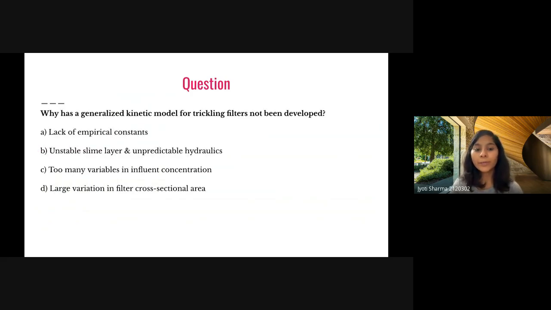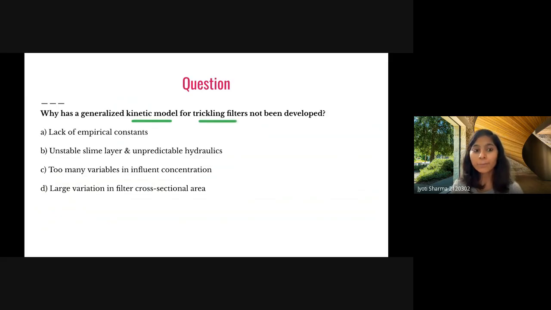Okay, so we had Monod kinetics in the activated sludge process, right? In which we tried to explain how much substrate will be utilized, how much organism will be present, what the decay rate will be, what the growth rate will be, and what the efficiency of your microorganisms would be to consume that substrate. So everything can be modeled in the activated sludge process, but we do not have a kinetic model for the trickling filter.